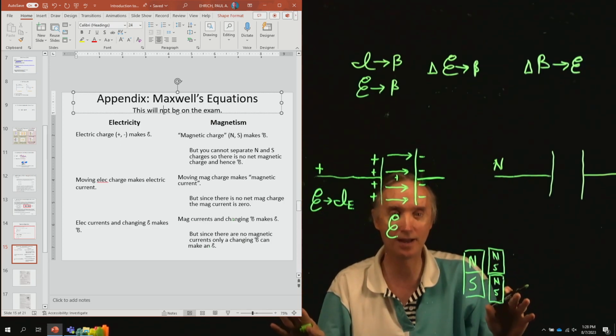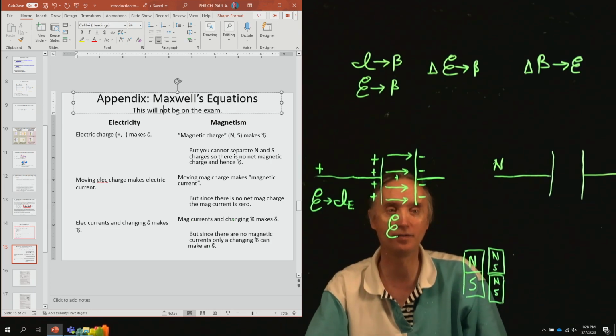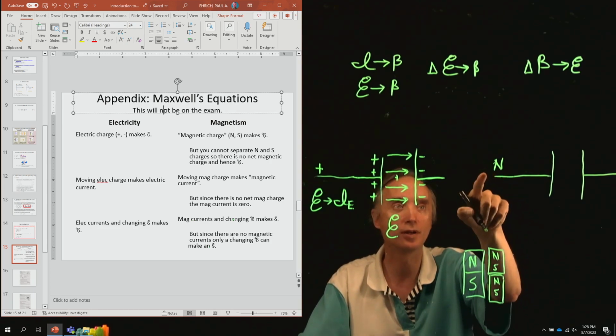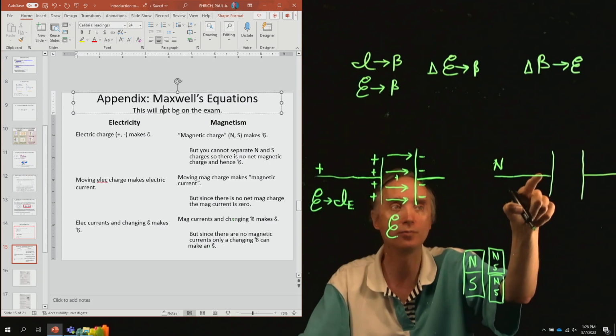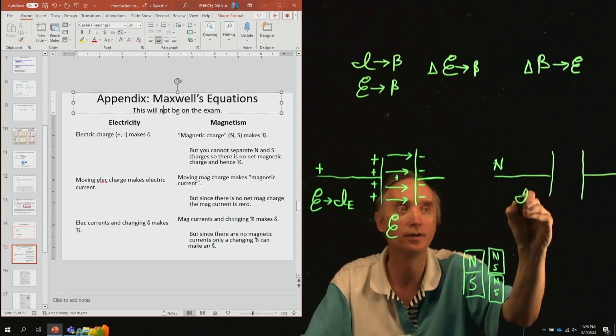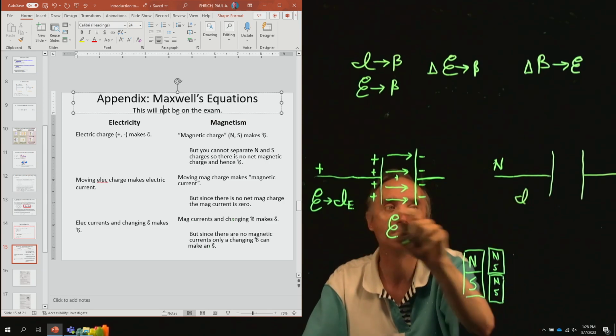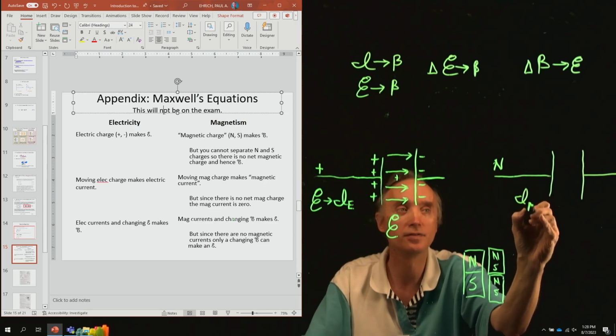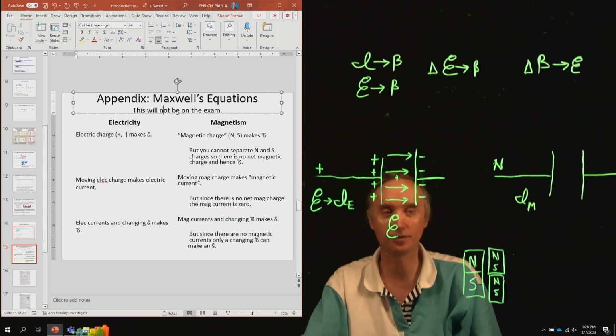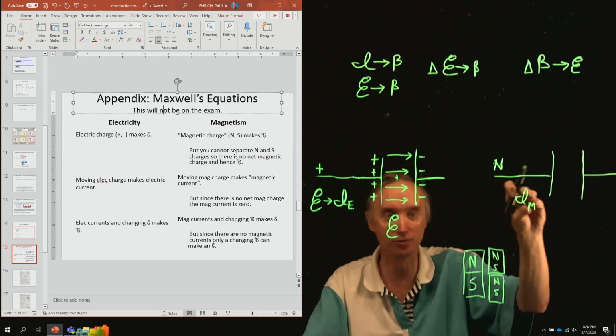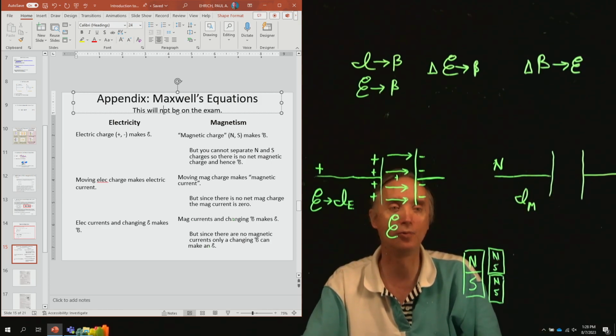Now it can't really happen, but let's just say for the sake of argument that it does. So we're going to have a current made of north poles, so we're going to say I, but instead of E, it would be M. So this would be a magnetic current made of north poles that are moving through the wire.